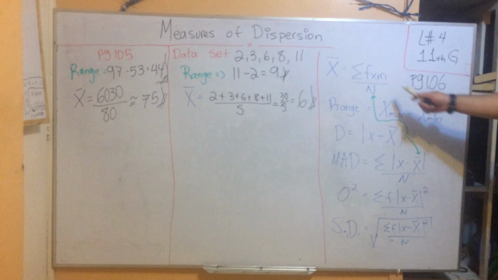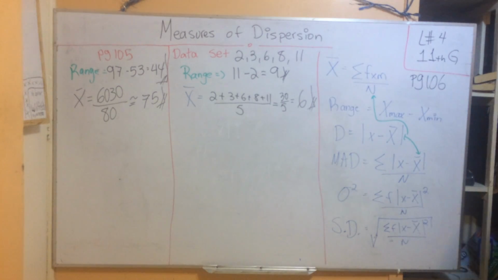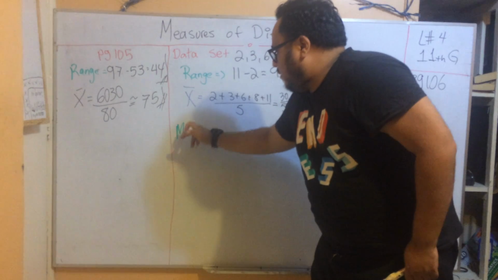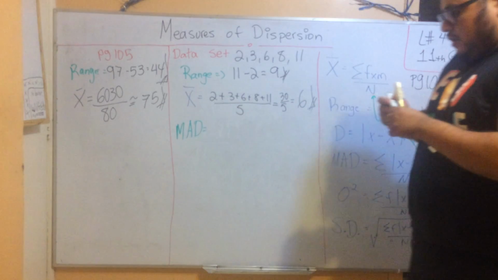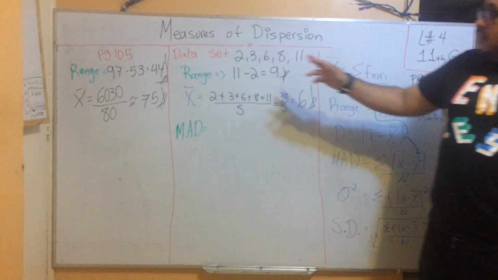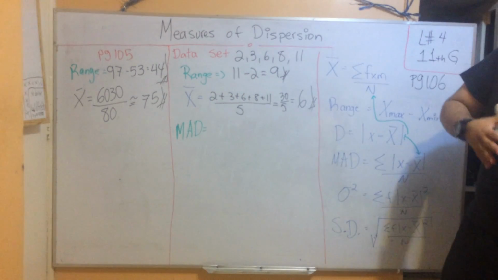Okay, now that we have the mean, which is here, we start working. Let's work on the first one, with the set of data. When we work the mean absolute deviation, in this case, since we only have a group of data, a group of numbers, we don't need to add the frequencies.